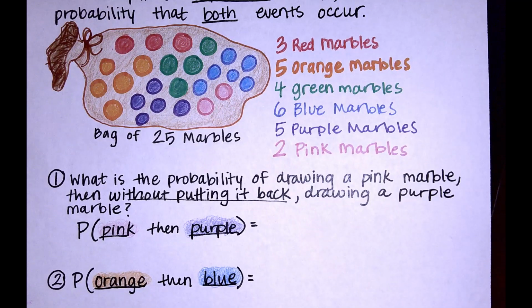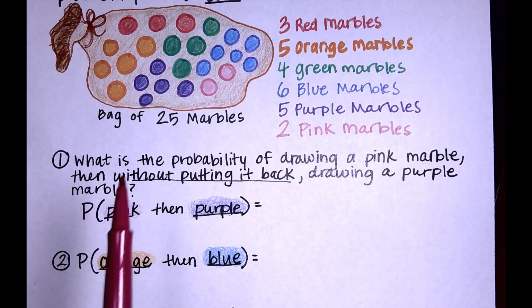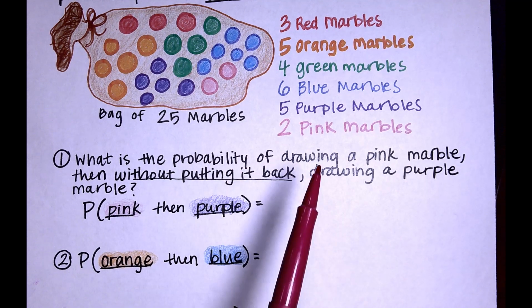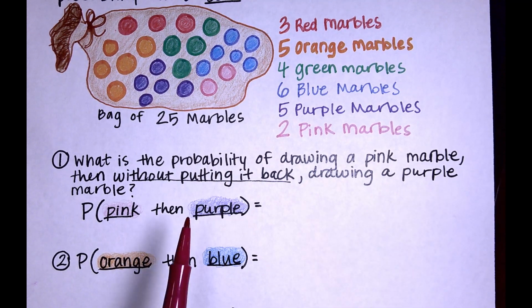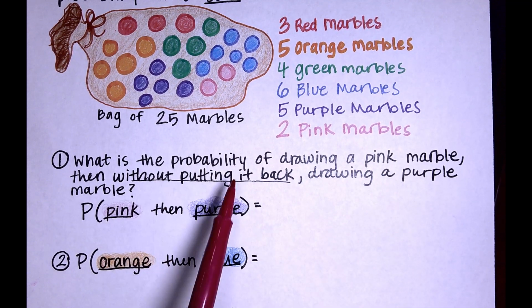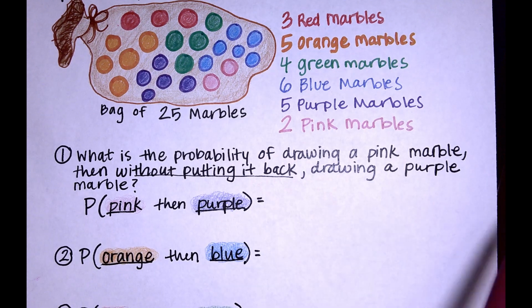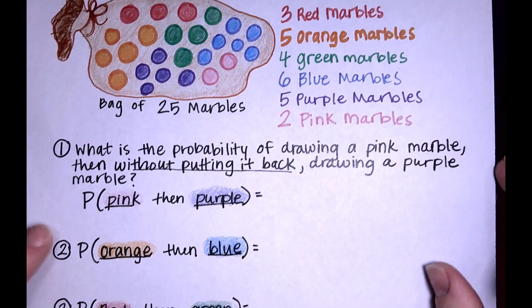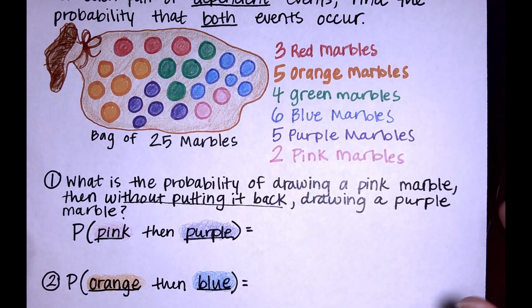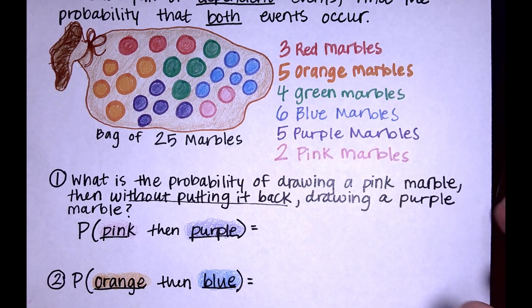So on number 1, I wrote, what is the probability of drawing a pink marble, then without putting it back, drawing a purple marble next? So these will affect each other because once I pull out a pink marble and I don't put it back, I don't have a total of 25 marbles in the bag anymore.